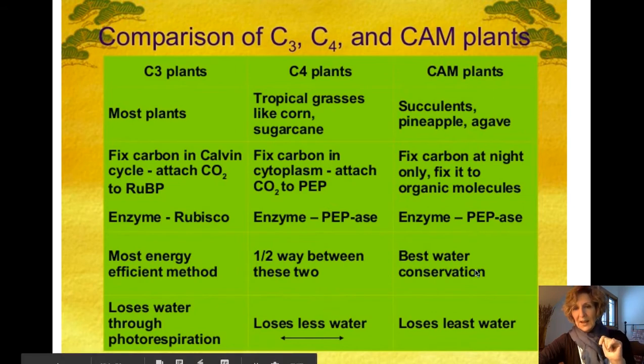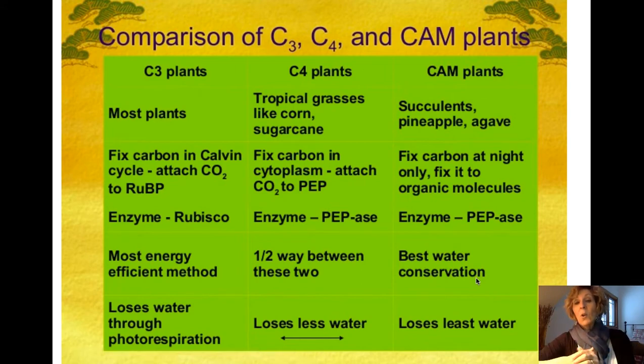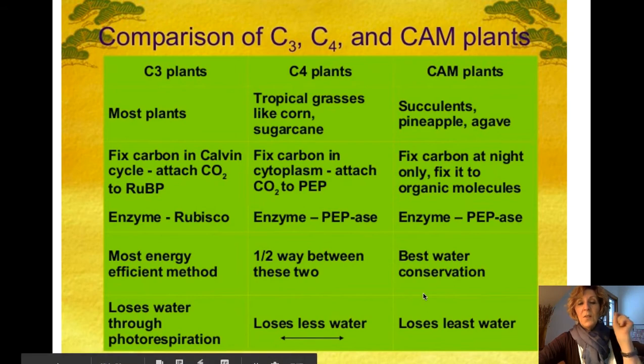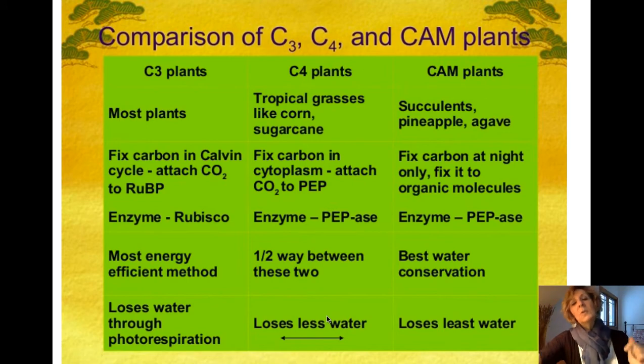And CAM plants are yet another type of photosynthesis that's going to be done by succulents, which are desert plants, and plants like agave, which is a kind of a sweet plant, and pineapple. And the reason why this happens is a little bit more complicated. We're going to go through that. This is the most energy efficient, but it has a problem with this C3, and that problem has to do with getting enough CO2 without losing enough water.